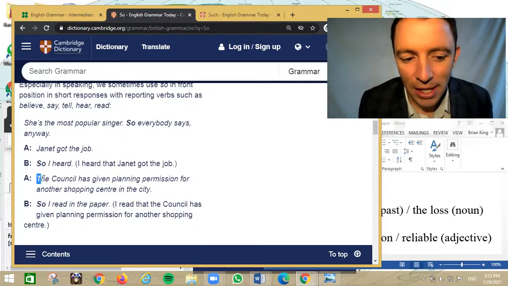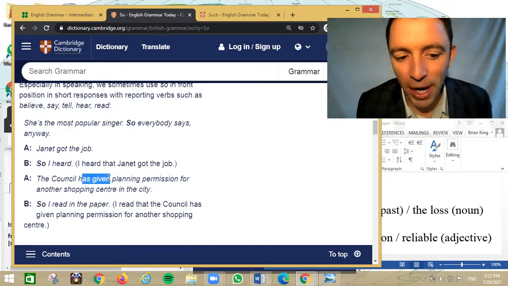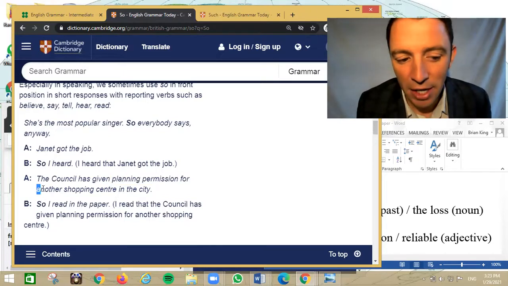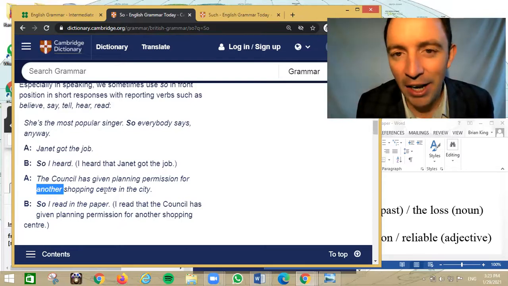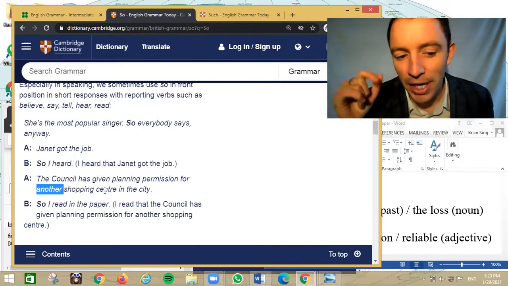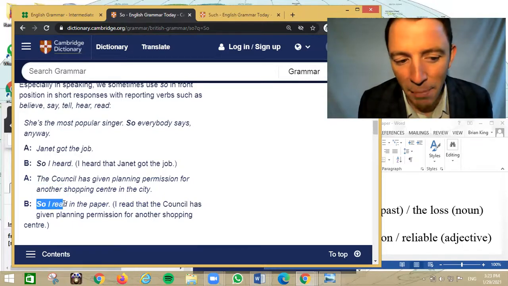The next example: the council has given planning permission. So given is the present perfect, has given, planning permission for another shopping center. Remember, another is for singular because it's a singular center, and other would be for plural, other shopping centers, but here it's another shopping center, singular. So, I read in the paper.